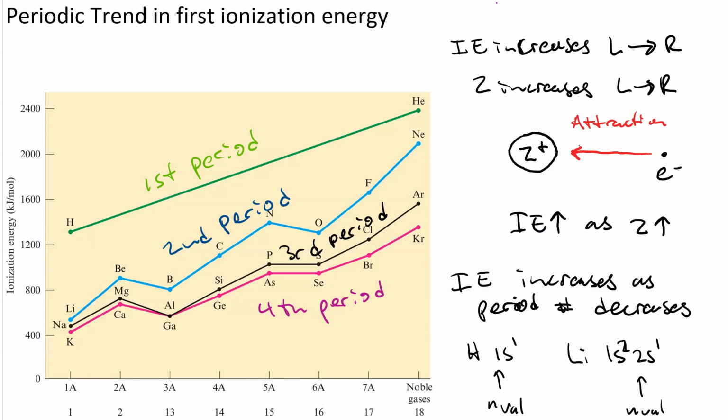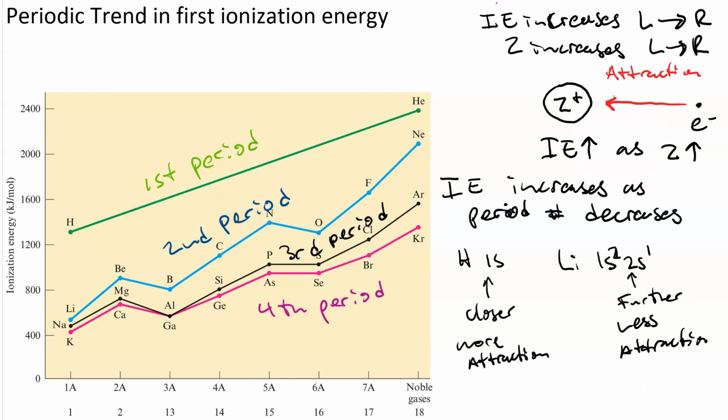And the further the electron is from the nucleus, the less attractive force there is. Hence, lithium takes less ionization energy than hydrogen. That is to say, the 1s electron in hydrogen is closer to the nucleus and therefore experiences more attraction than the 2s electron in lithium.